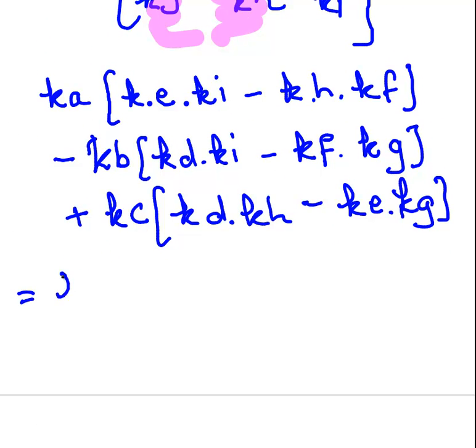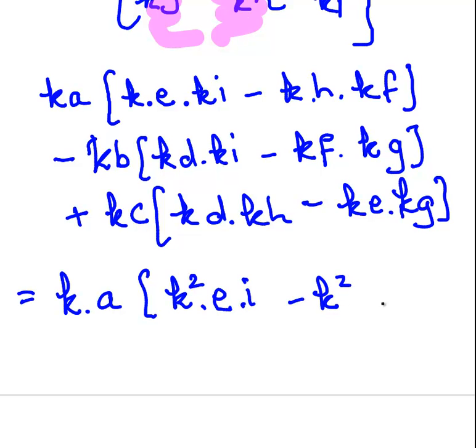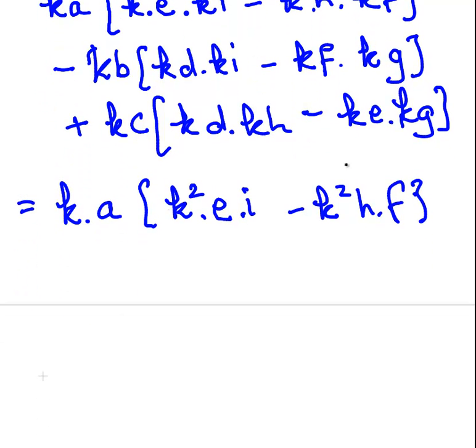So we have k times A and k squared times E times I minus k squared times H times F. Okay, I'll just keep going with the rest of it and do it out fully.